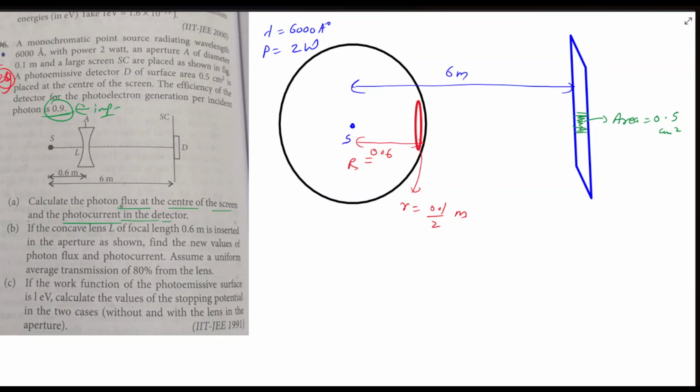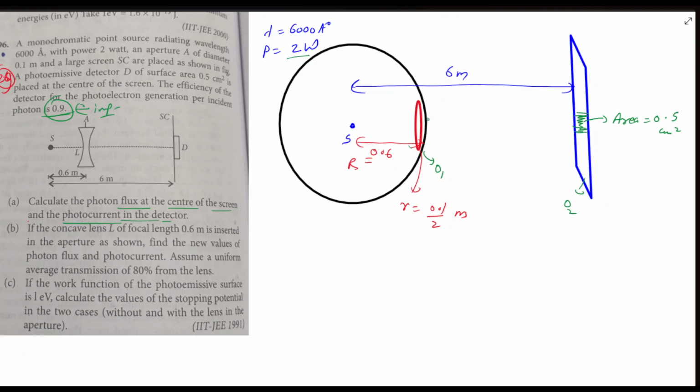Let's first find the photon flux at the center of the screen. The power of this source is 2 watt and it is illuminating a 4 pi r square area. Let's say this is observer 1 and this is observer 2. The source will illuminate this whole surface area, but only this part of the energy will be received.